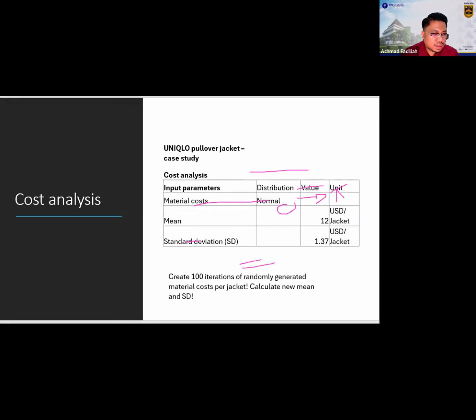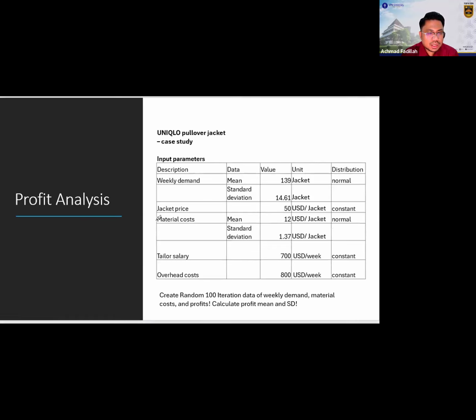Hopefully you already understand the context about this business, Uniqlo. They need to consider the material costs, the demands, the jacket price and the other costs, fixed costs that need to be spent.